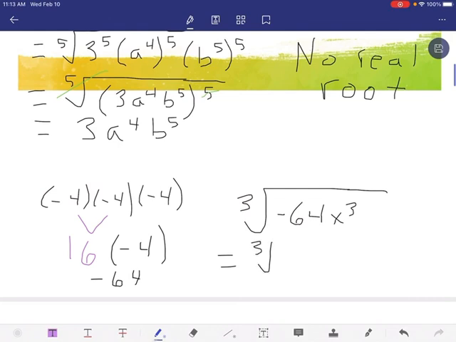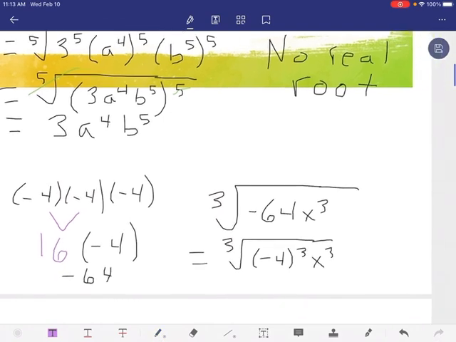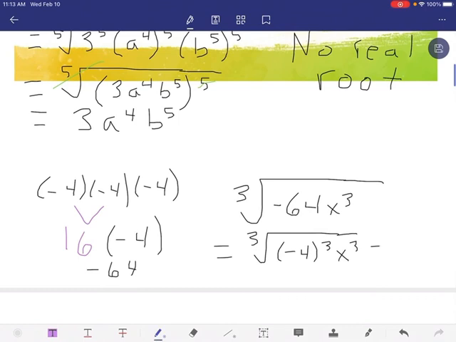Which is why whenever we take an odd root, we can actually keep that negative, because I'm multiplying it together an odd amount of times, so we can end up with a negative. So again, I'm going to combine to a single parentheses and exponent. So my answer here would be negative 4x to the third.